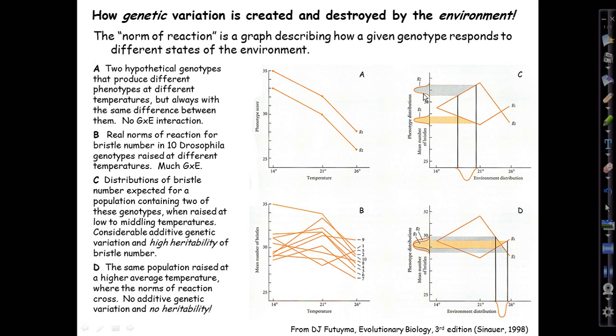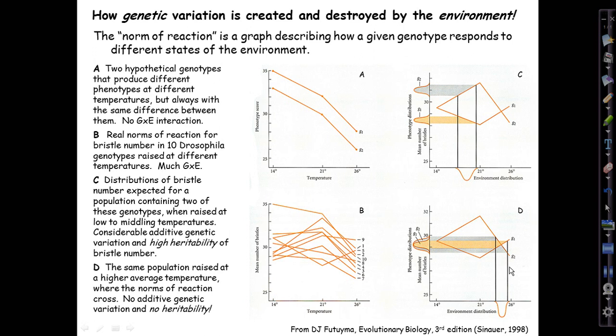Yes. Could we get a response to selection if we selected for a higher or a lower phenotype value? Absolutely. If we selected down, let's say, on the trait value, we would favor genotype 1, so we would get many more of those in the offspring generation and many fewer of genotype 2. So there's a lot of heritability here.